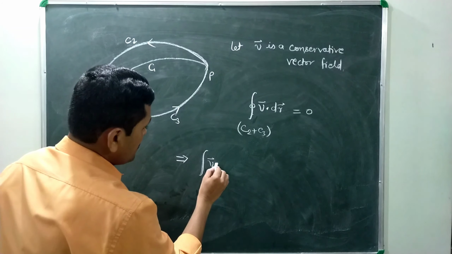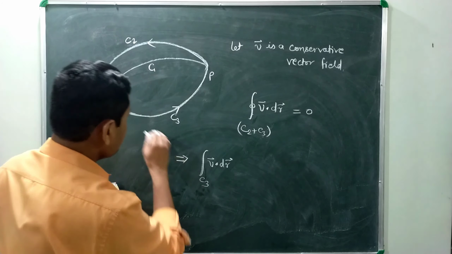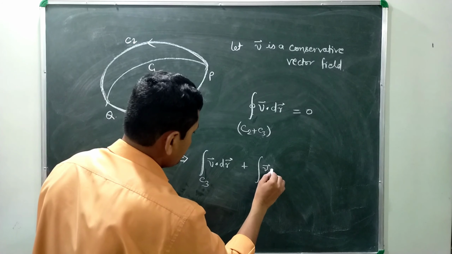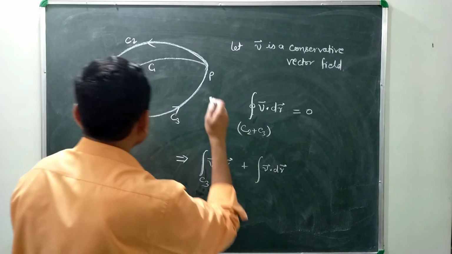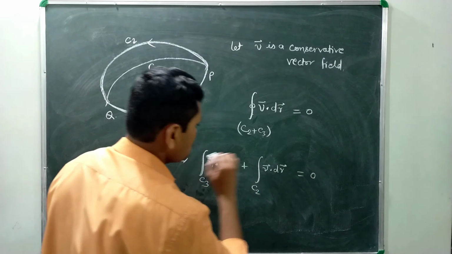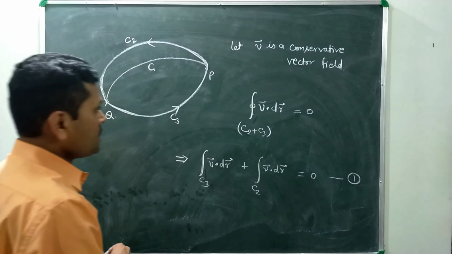This means the line integral of vector V along C3 plus the line integral of vector V along C2, and this will be equal to 0. Say this is your equation number 1.